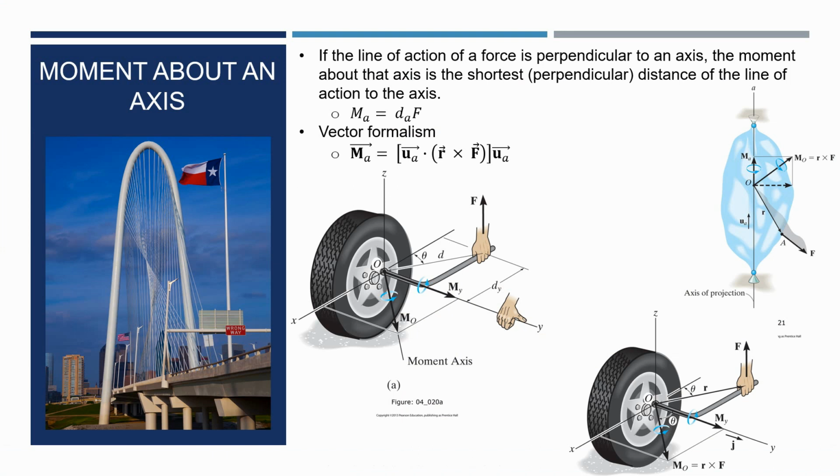Okay, let's talk about moment around a particular axis, which I talked about at the very beginning of our lecture and looked at a door. A door can only swing. Only a moment along the axis of the hinges will allow the door to move.